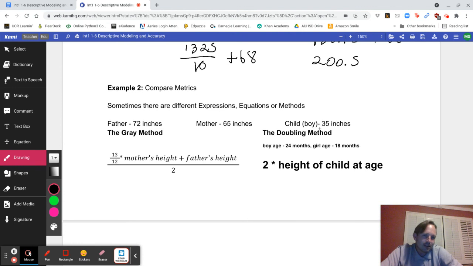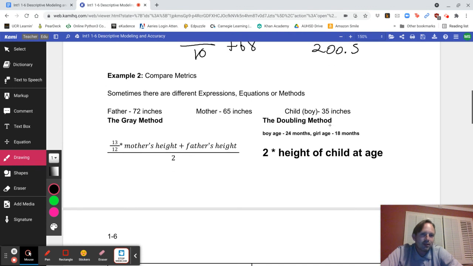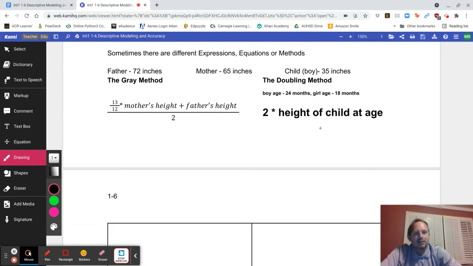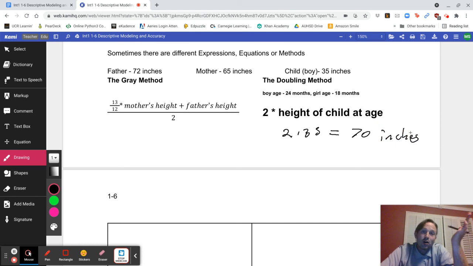We already have the information, it's 35. So this one would be pretty easy. It would be 2 times 35 inches, which is 70 inches. That's how tall the doubling method says the kid's going to be. Let's go on.